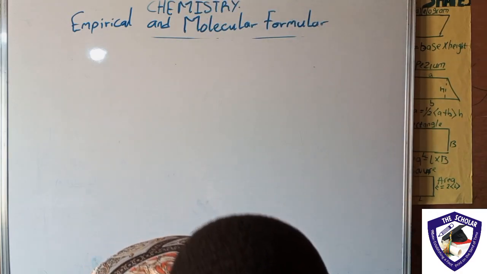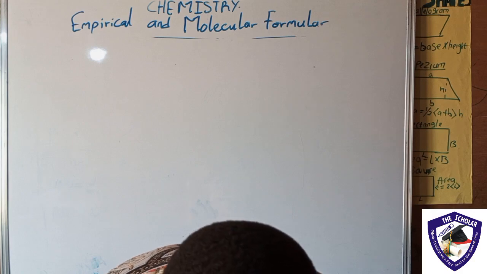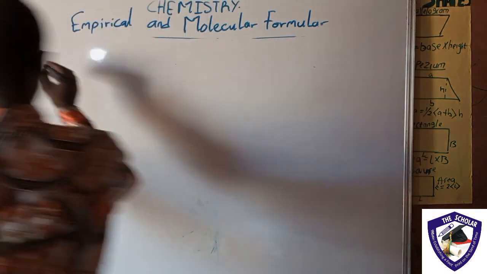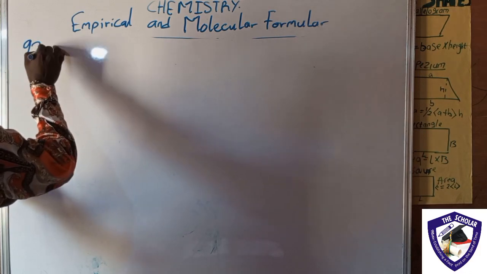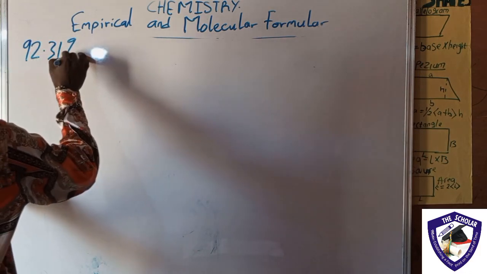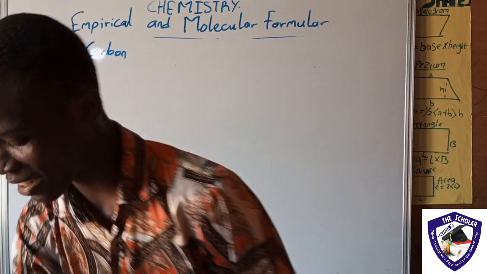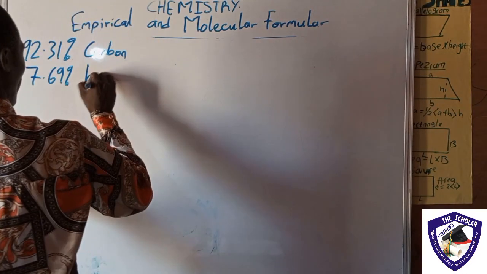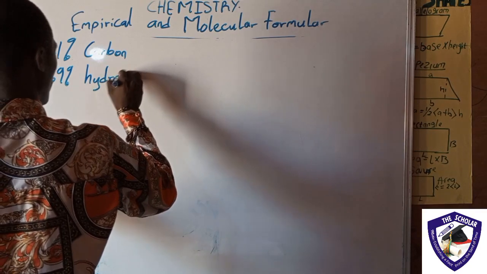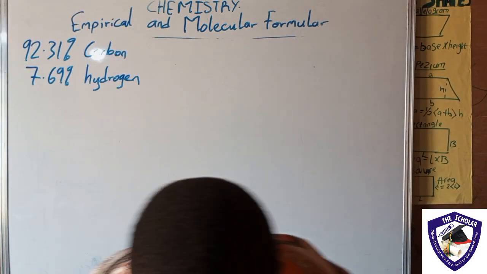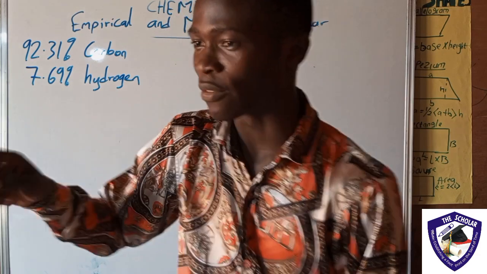Calculate the molecular formula of an organic compound containing 92.31% carbon, 7.69% hydrogen by mass, if its relative molar mass is 78.